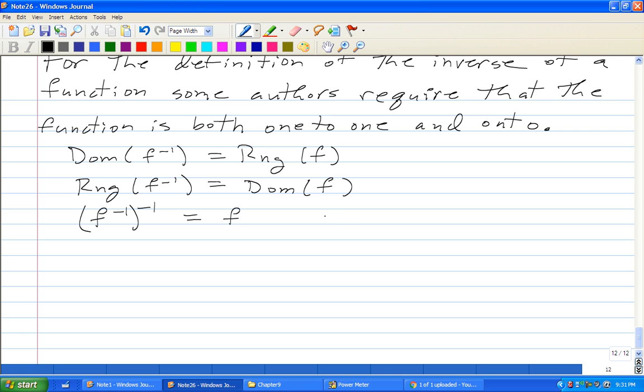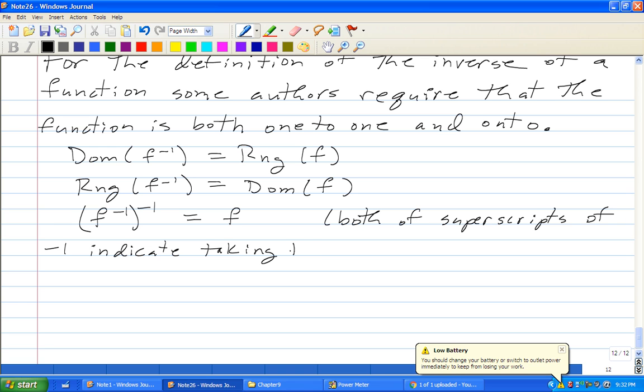So I guess I should note both of these superscripts of -1 indicate taking the inverse function. They do not indicate taking a reciprocal.